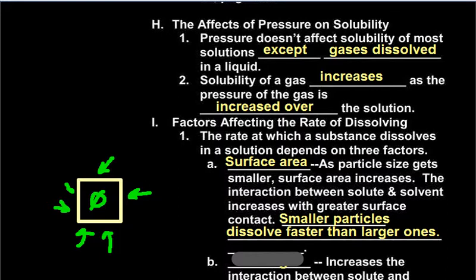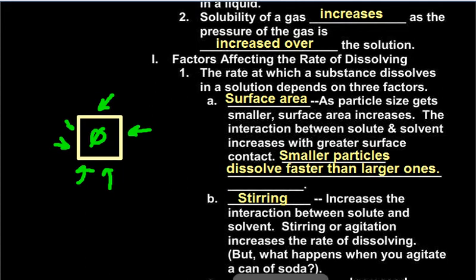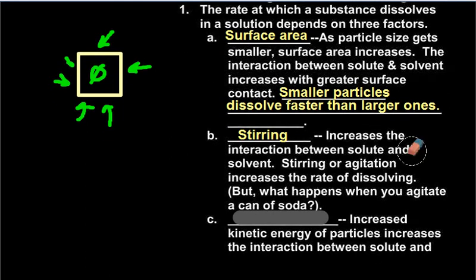So the next factor that's involved is stirring. Stirring increases the interaction between solute and solvent. If you mix them up a bit more, then the stirring or agitation will actually increase the rate of dissolving.